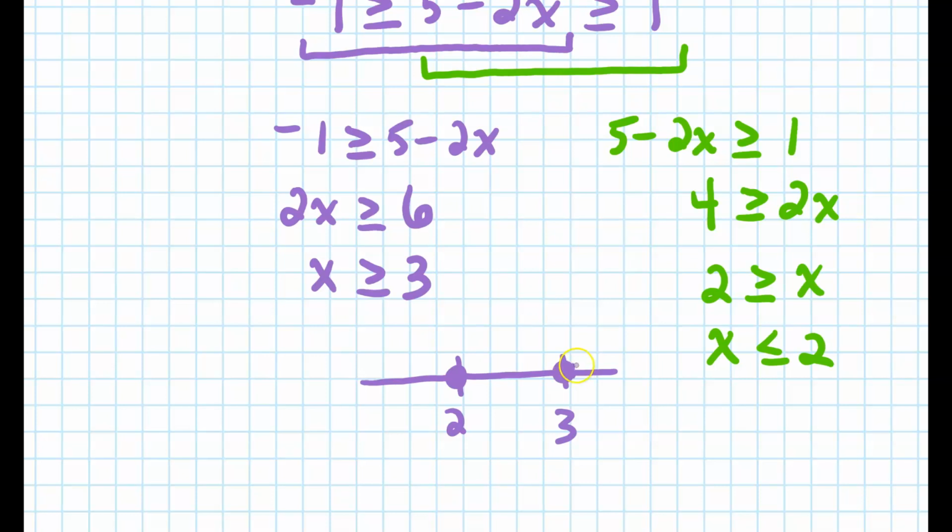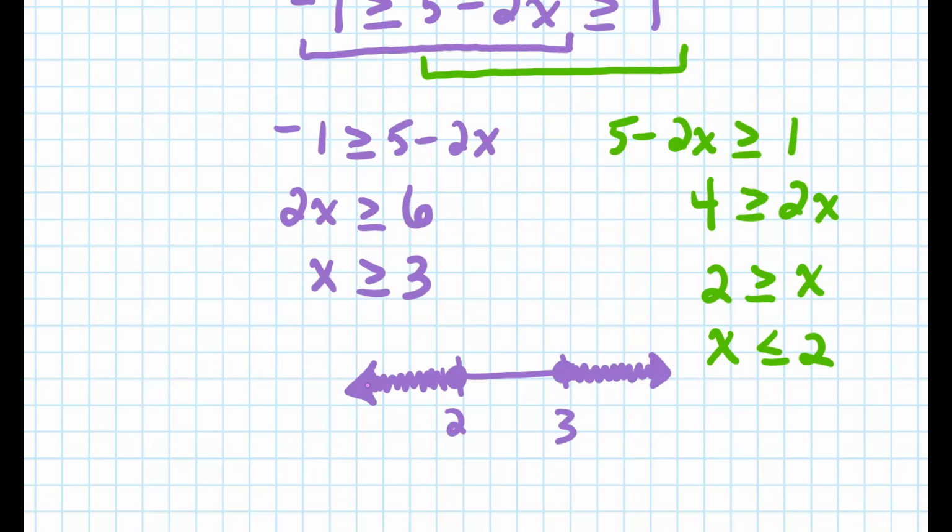To the right of 3. That's over here. Now if I look at the green portion, X is less than or equal to 2. Where should I be shading? To the left of 2. Do we have to do a test point? No. That's what's nice about this method. We don't need to do test points.